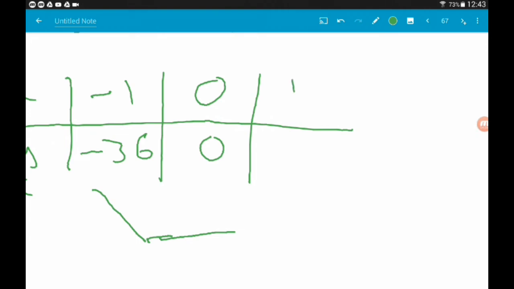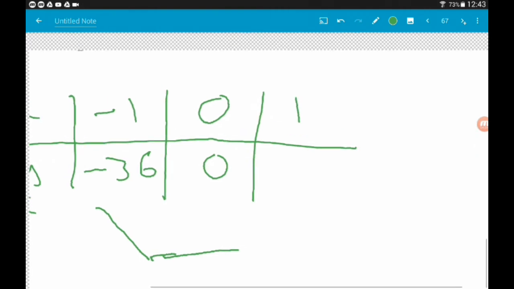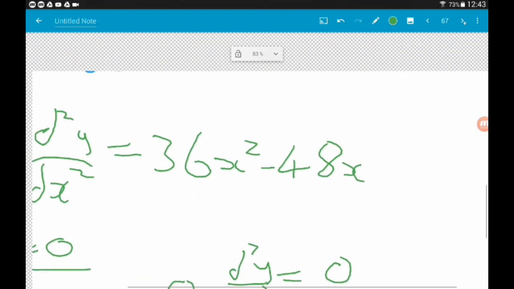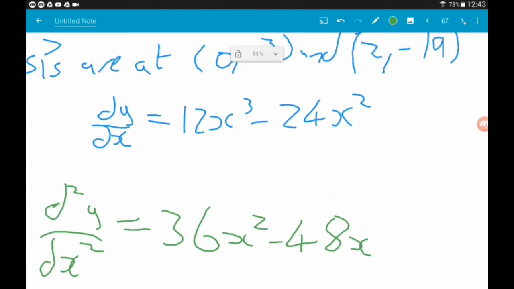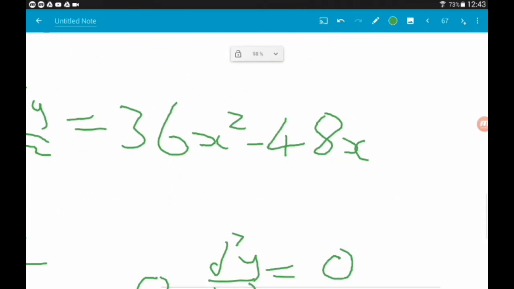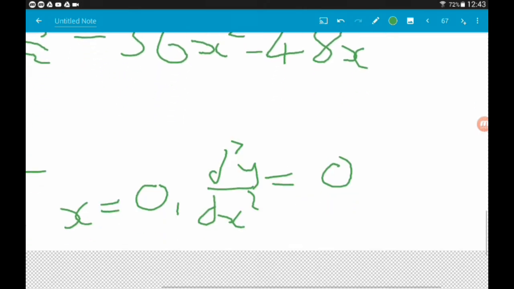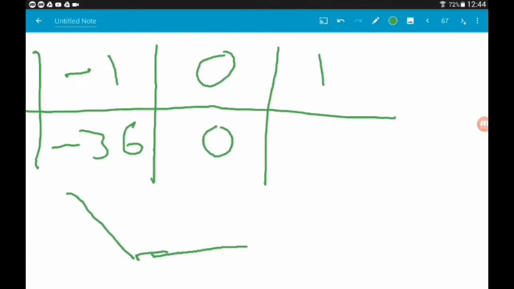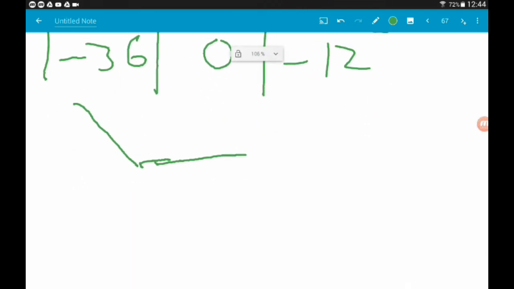So, when x is 1, dy by dx is 12 times 1 minus 24 times 1, so that's going to give us 12 minus 24, which gives us minus 12. So on the right of the stationary point, the gradient is also negative.